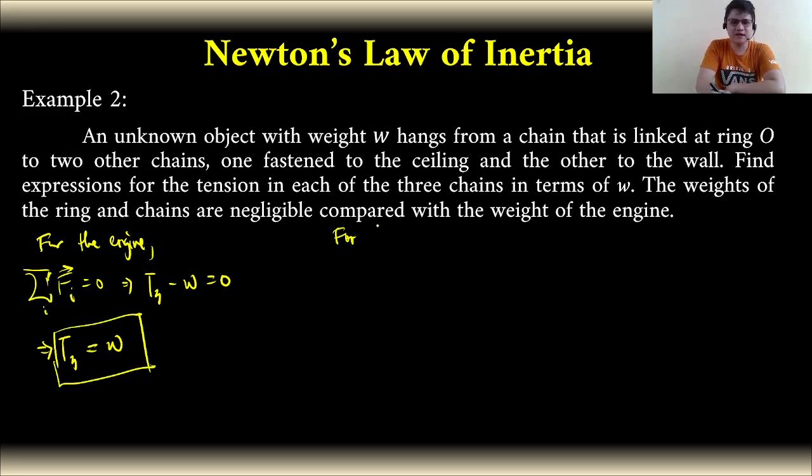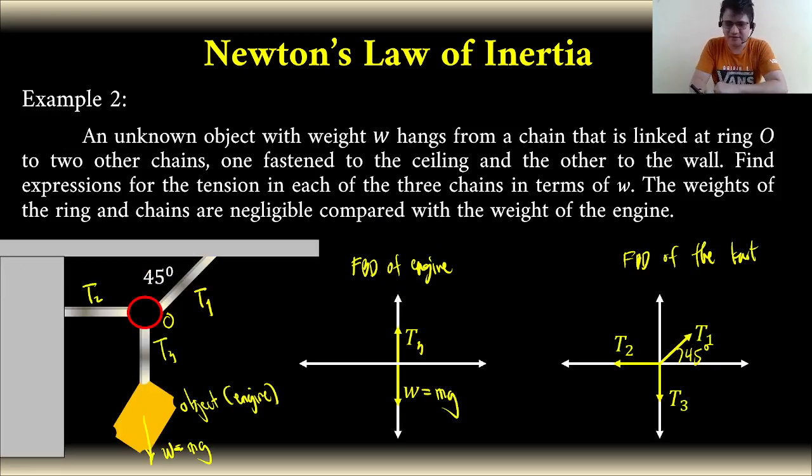For the nut, we have the sum of all forces should also be equal to 0. However, if we check this free body diagram, we can see that T1 has components with respect to the x-axis and components to the y-axis.